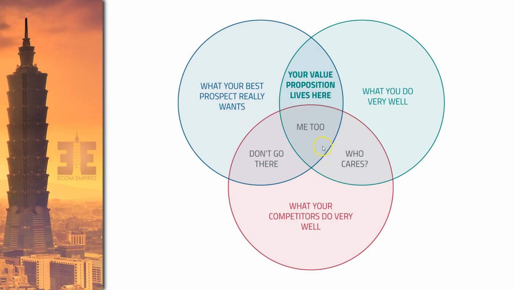When we move over a segment to the overlap between what your prospect wants and what you offer, but your competitor offers the same exact thing, this is called copycat. This is when you're trying to sell the exact same thing as what your competitors are already selling and providing to your prospect. That's a me too.